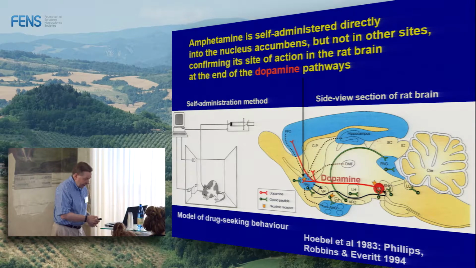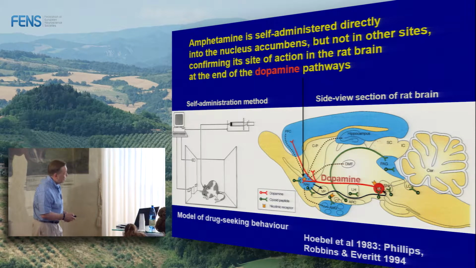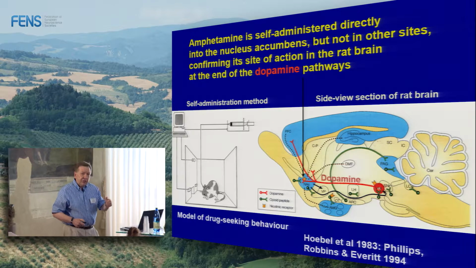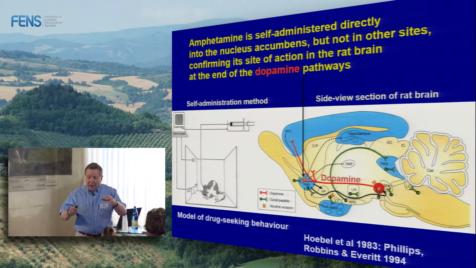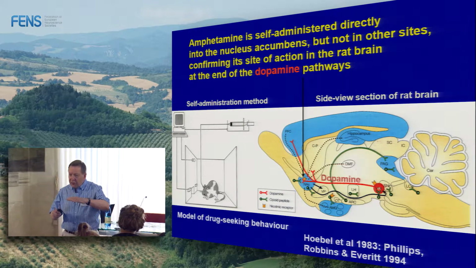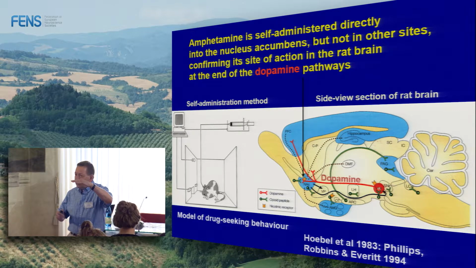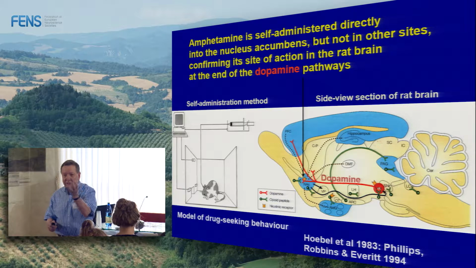And we were able to replicate and extend this study in our own work, showing that if we co-administered dopamine blockers, the rats would respond to this by increasing the level of amphetamine self-administration. So, in other words, they were regulating the optimal level of dopamine in this area.